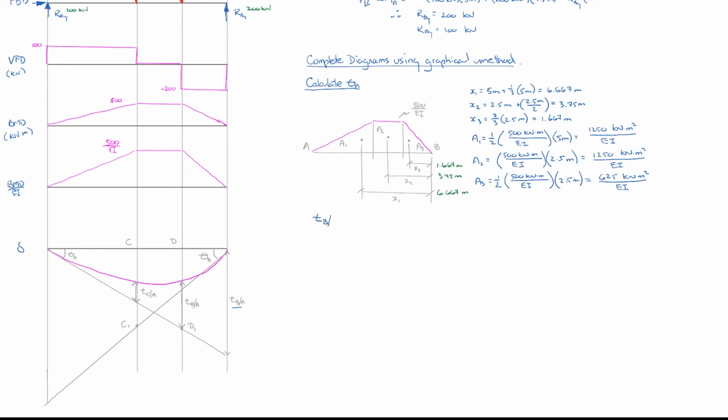If we follow that through, we have the tangent distance of B relative to A is equal to A1 times x1 plus A2 times x2 plus A3 times x3. And plug in our numbers.